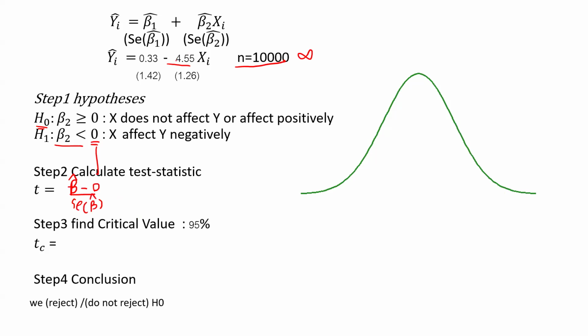So you can use this number over this number: minus 4.55 minus 0, but minus 0 is meaningless, right? So we have only minus 4.55 over 1.26. Yes, you can write it. No problem.